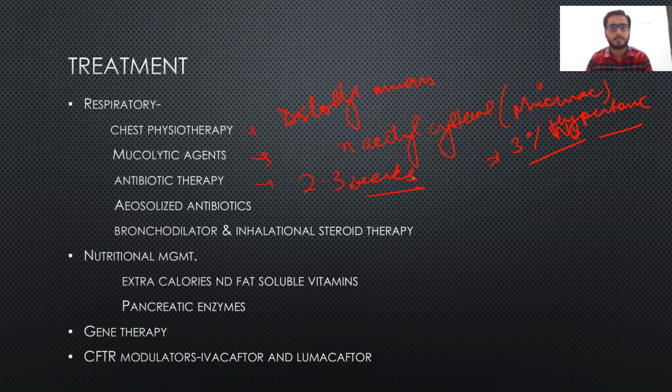I already told the reason why chronic long-term antibiotics have to be given. While sending the patient home, you can add azithromycin and one other antibiotic, whichever the organism is sensitive to. There are various fixed antibiotics. If you are getting Pseudomonas, what antibiotic you use is present in all the standard textbooks.